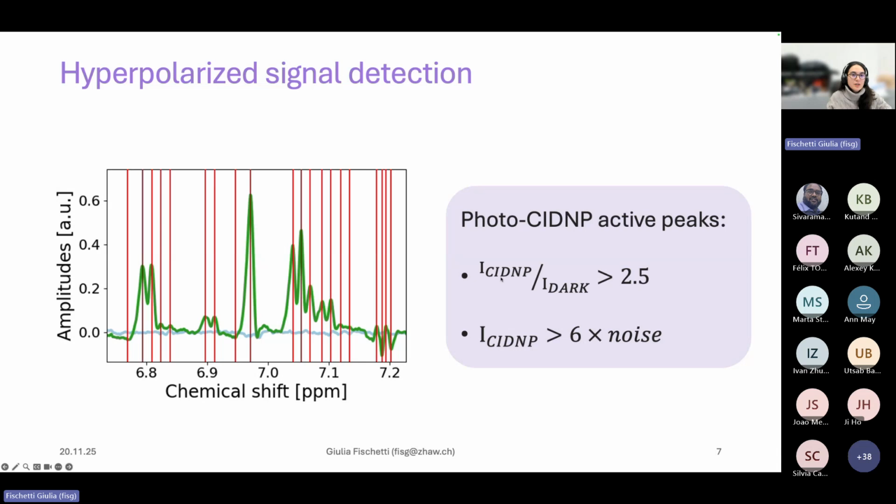We compare the peak in the light and in the dark spectrum, and if the ratio of the intensity is over 2.5, we consider it a hyperpolarized peak. Sometimes, as in this case, the peaks do not really show in the standard NMR, and therefore we compare with respect to the noise level.